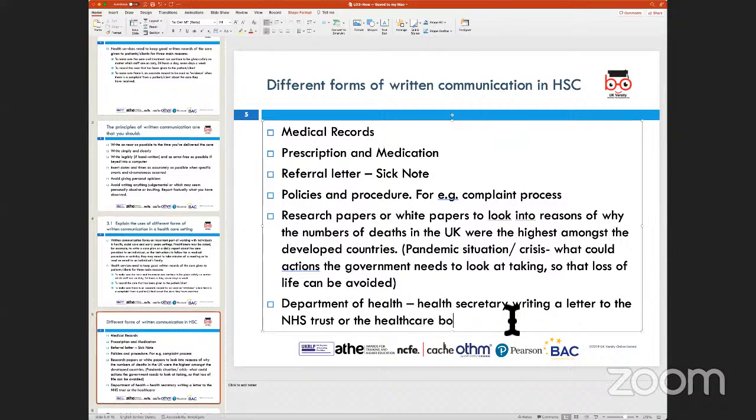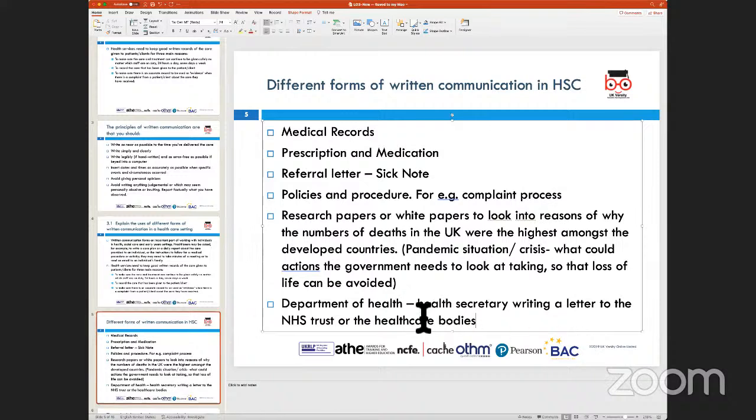Then this form of communication is again done because it's an official communication. The government may be changing legislation or policy, and they're informing various key departments and players within the National Health Service. And in this case, this form of communication is again done in a written format.